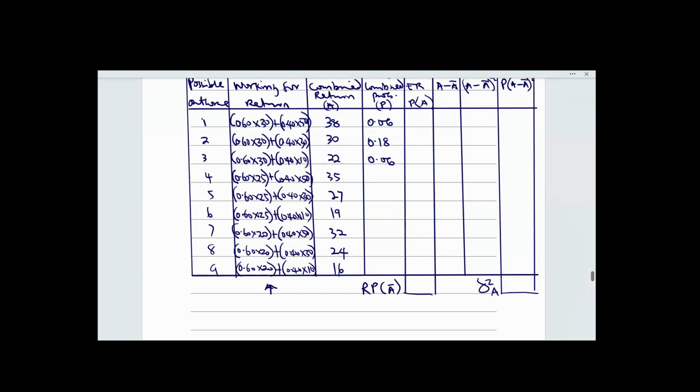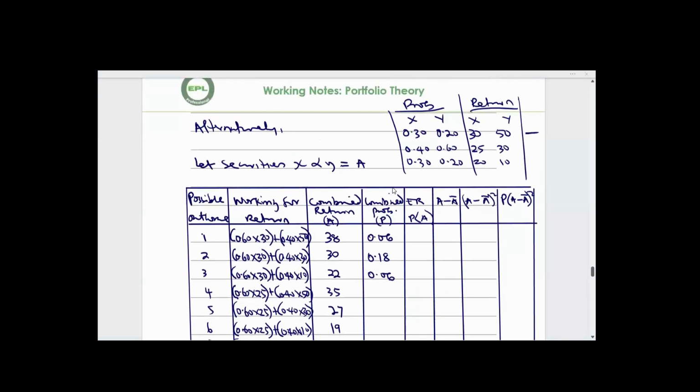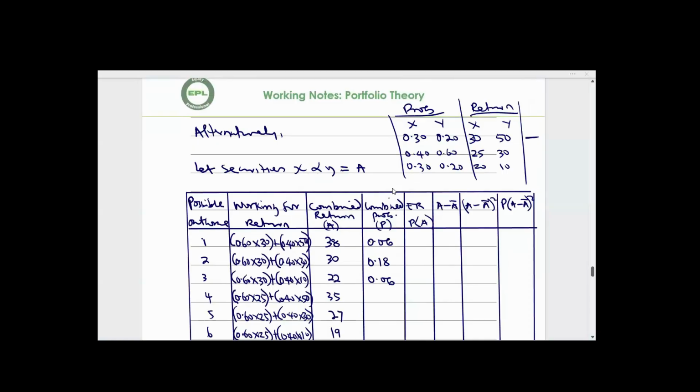So the fourth one, probability of that 25 for X is 0.4. Therefore, I will say 0.4 multiplied by the probability of 50 for Y, which is 0.2, multiplied by 0.2 equal, that's 0.08.